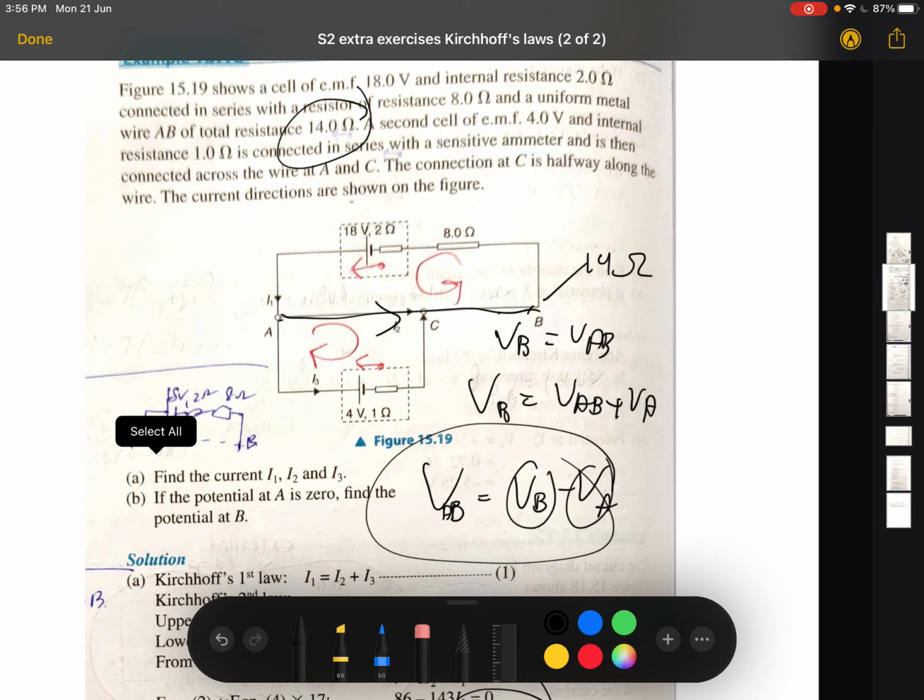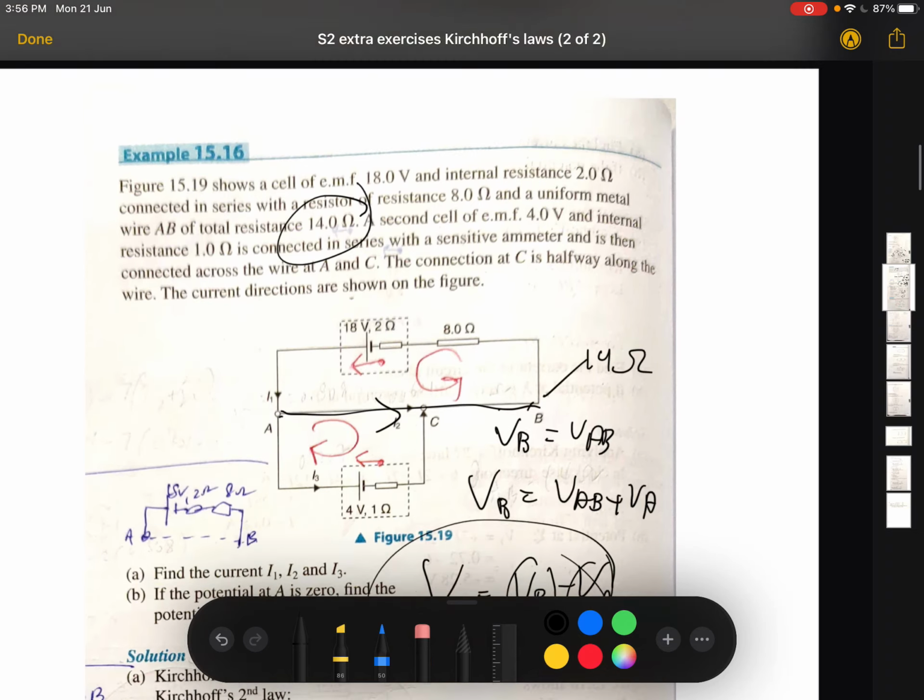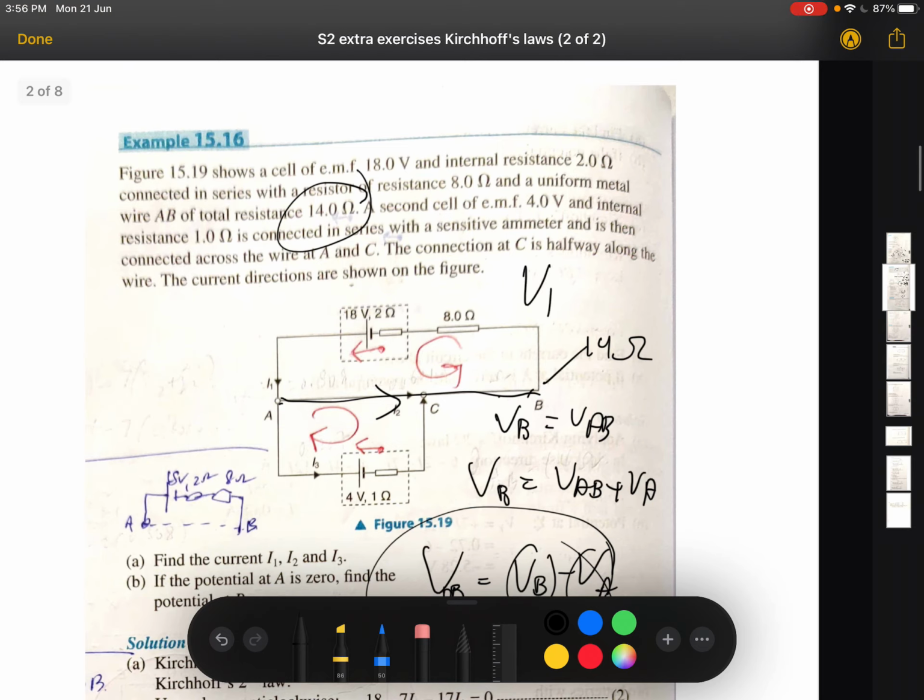The reason why Kirchhoff's law is a thing is because when you go through a resistor, your voltage drops. Your resistor uses up voltage. So how will I explain this? Okay, VAB is equal to, yeah, how am I going to explain this properly?